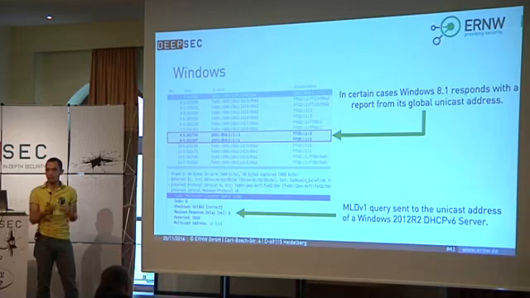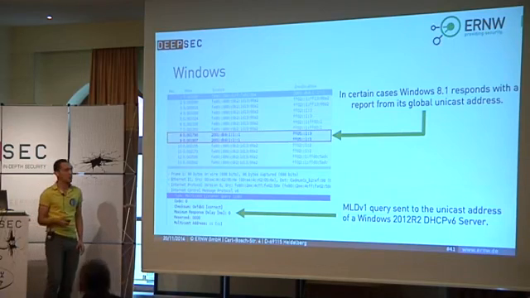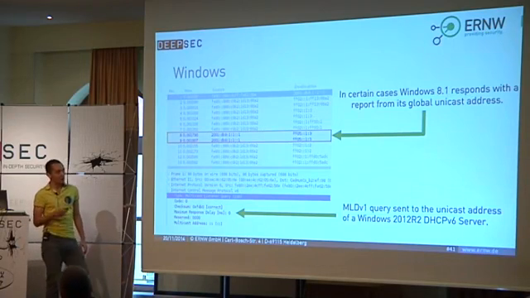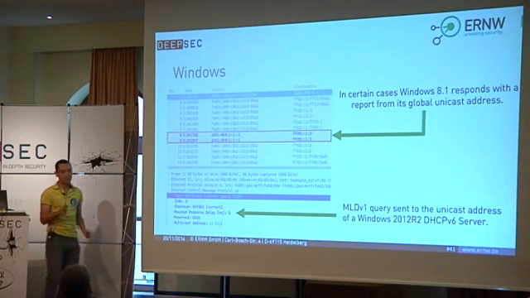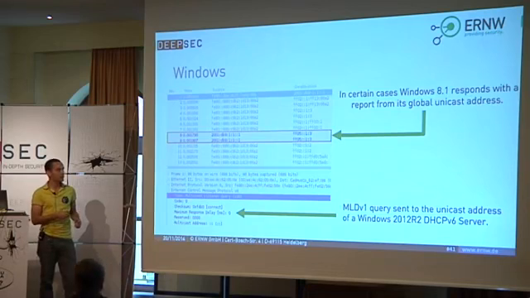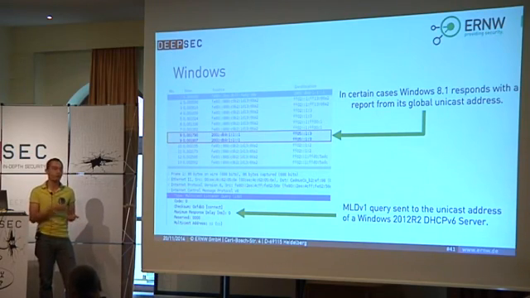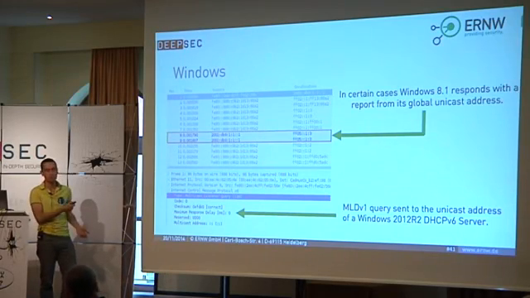We further had a look at how Windows behaves, and we found out that when you send certain types of packets to Windows, Windows replies with its global unicast address, which shouldn't be the case. All MLD messages should come from link local addresses, not from global unicast ones.